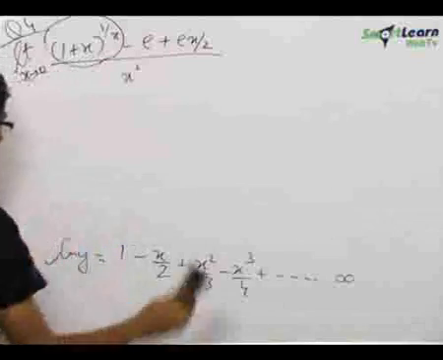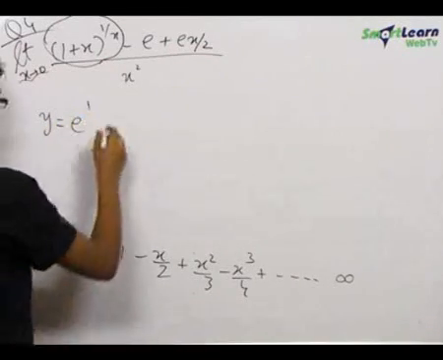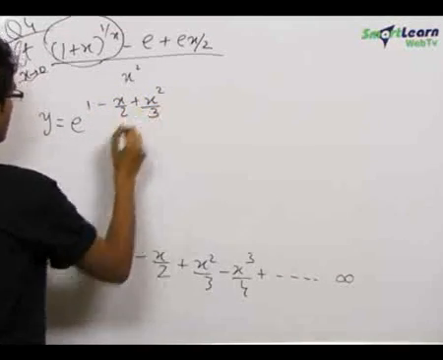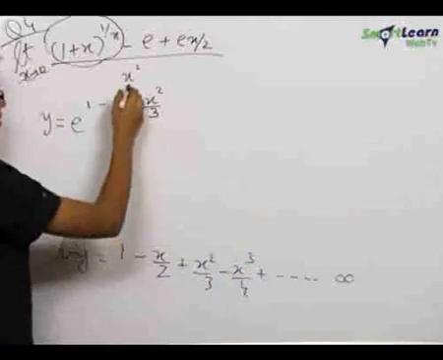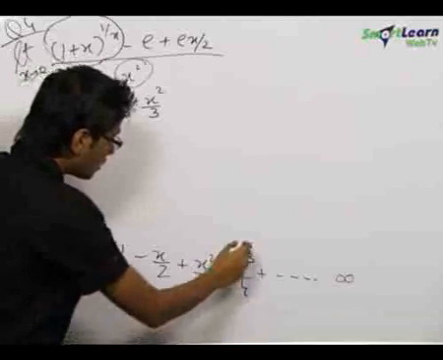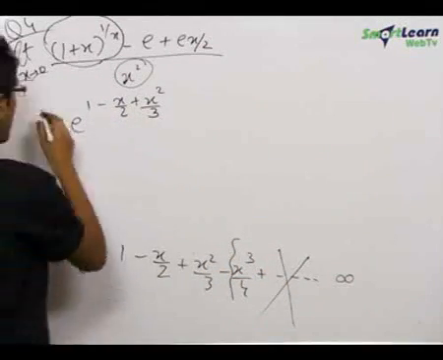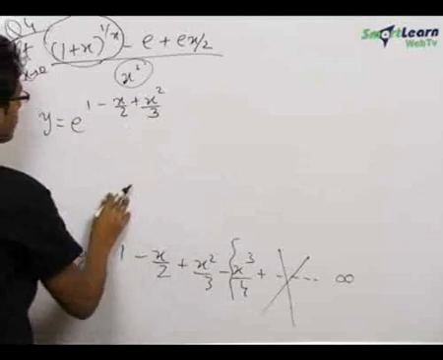So y will be equal to e power 1 minus x by 2 plus x square by 3. Now we need not take the rest of the powers, since the highest power of x in the denominator is 2. So the rest of the powers are useless for us.